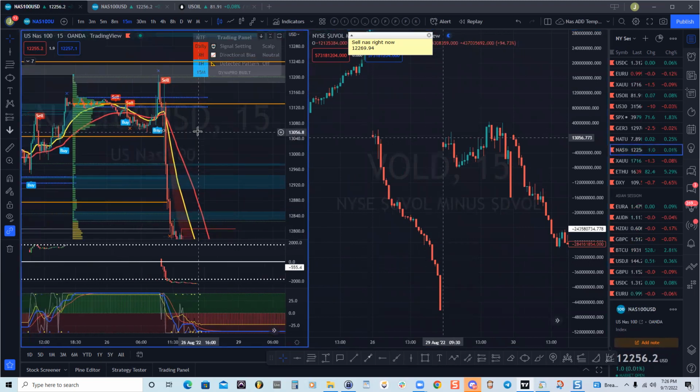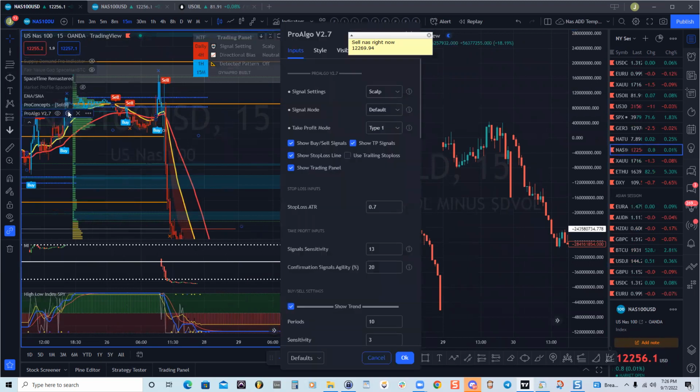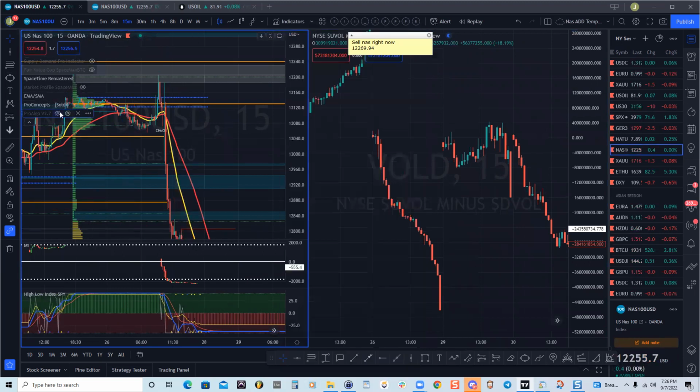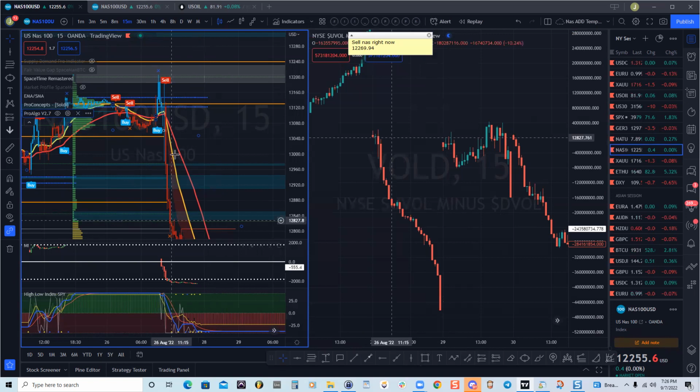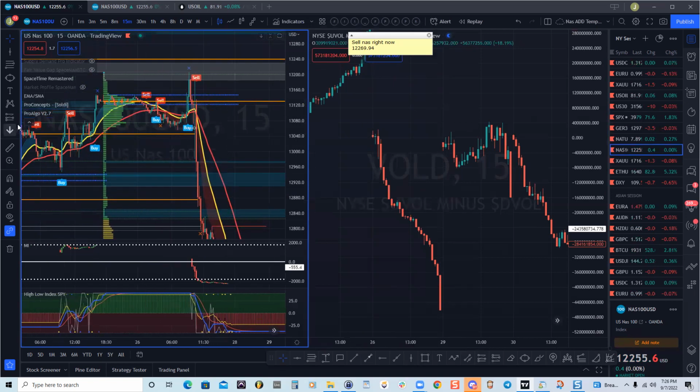But my question is, why is this selling off based on the spaceman thing? Go to the trading panel and do that. That's the question here.